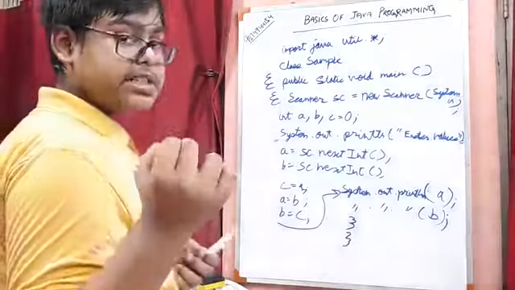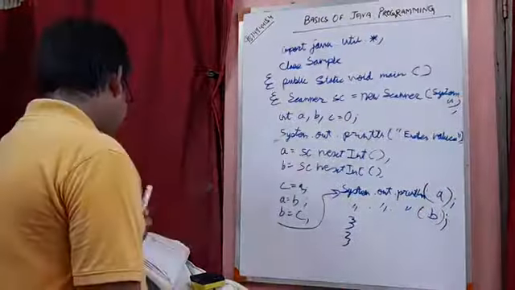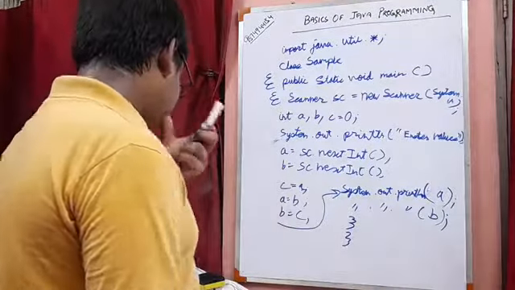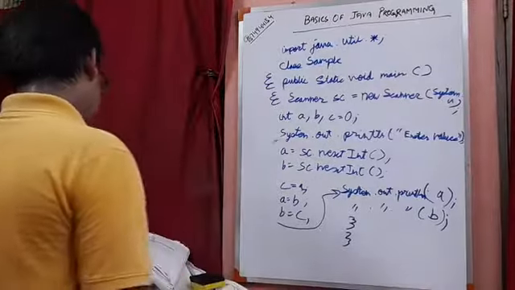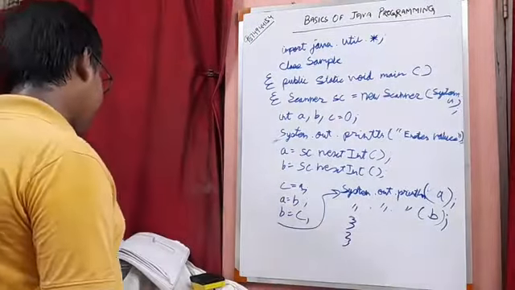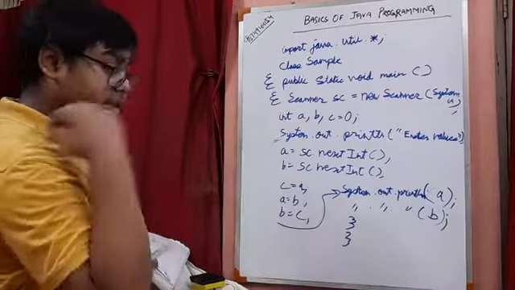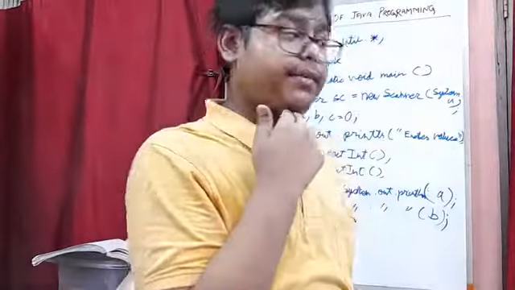Take the name and basic salary of an employee and display the gross salary and net salary when DA is equal to 30% of basic, HRA is equal to 12.5% of basic, PF is equal to 10% of basic, gross is equal to basic plus DA plus HRA, and net is equal to gross minus PF.